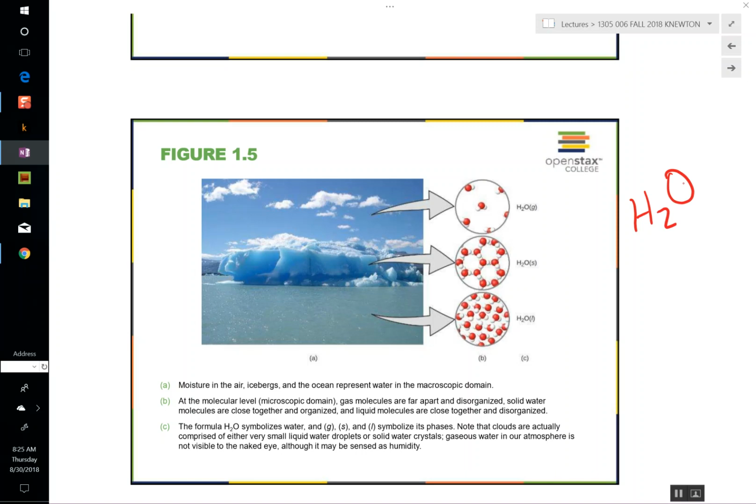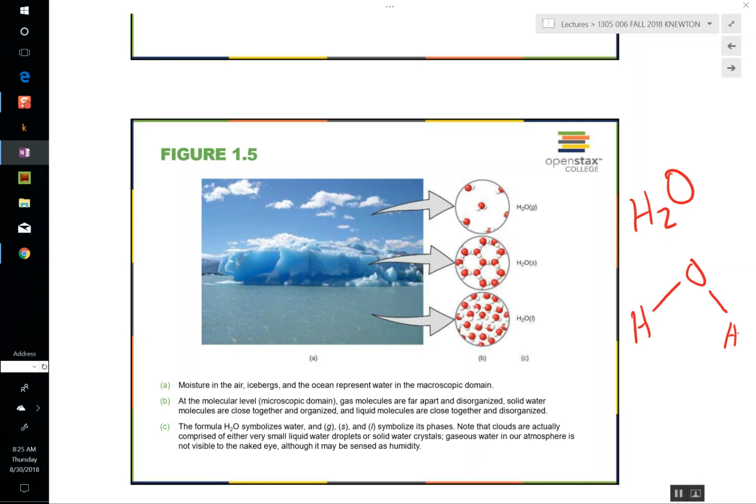So the ice, you have these H2O molecules, and the red is an oxygen, and the little white ones here are hydrogens, and generally you would see water represented in that kind of angle, like a boomerang. There's an angle. It's not a straight molecule. It's bent.